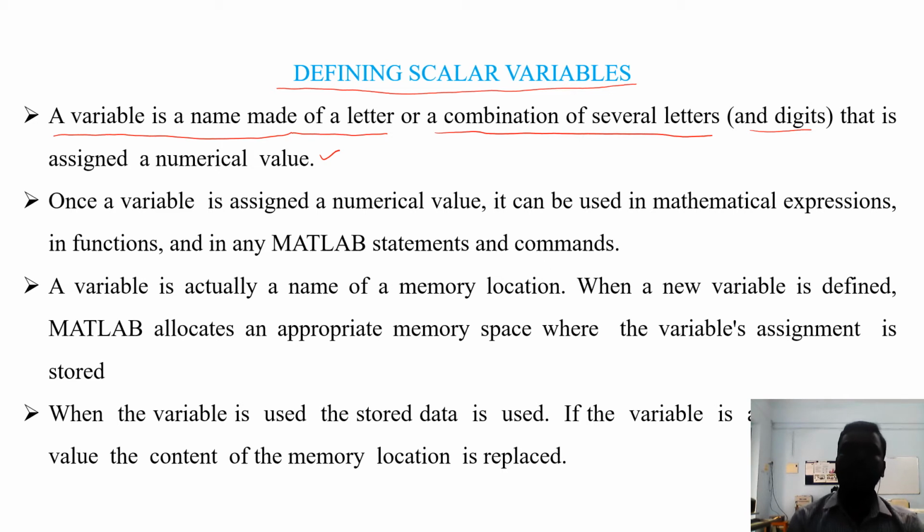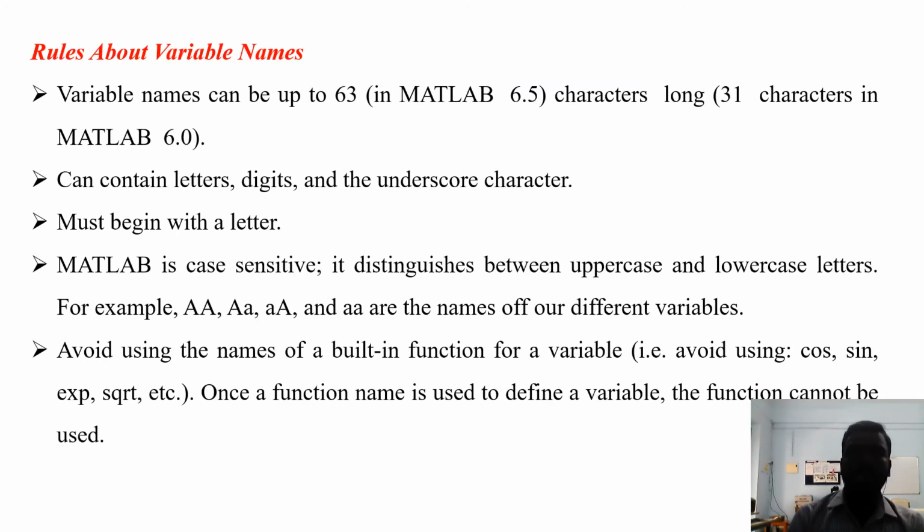So a variable is used by the user for convenience, to recall values, and so on. Now we are going to see how to name a variable. First, the variable name can be up to 63 characters long in MATLAB 6.5, and 31 characters for version 6.0. A variable can contain letters, digits and the underscore, but not special characters such as a comma or the ampersand symbol.